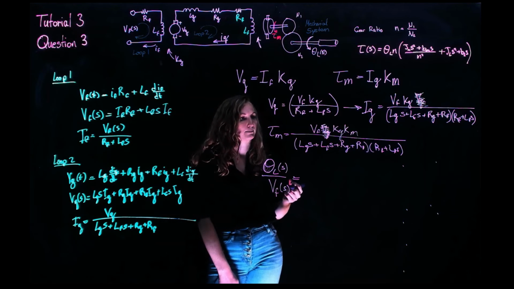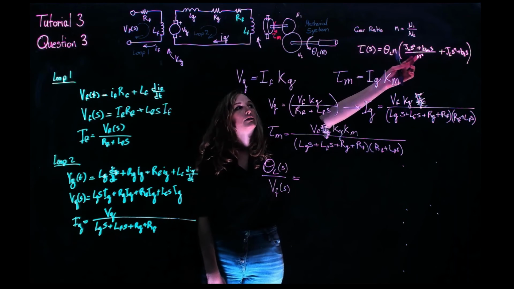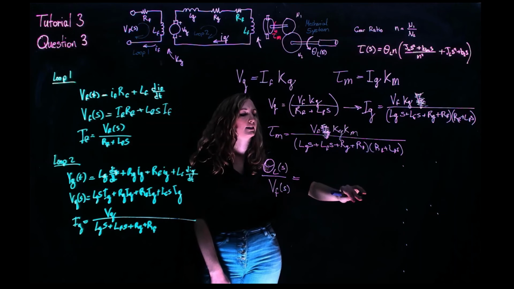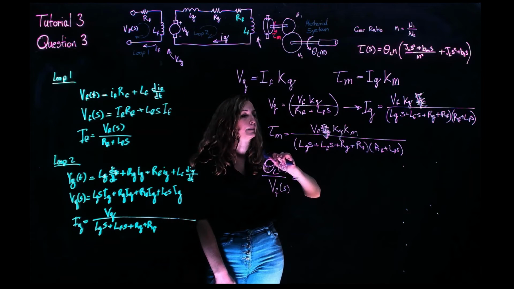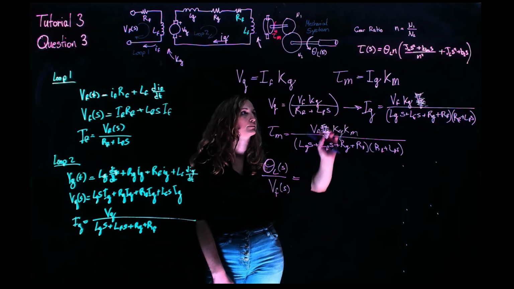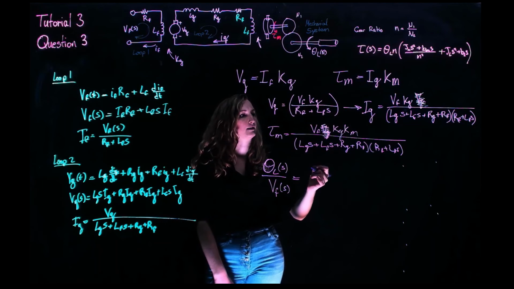And that is going to be equal to, everything here is going to be in the denominator, and everything we have here will probably stay in the numerator, so we're going to get this multiplied by all of that in the denominator.